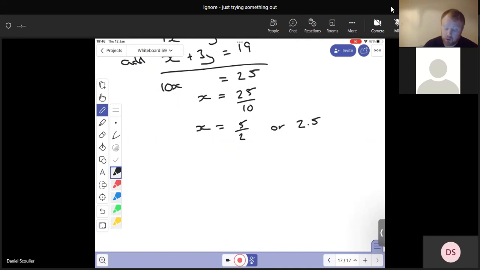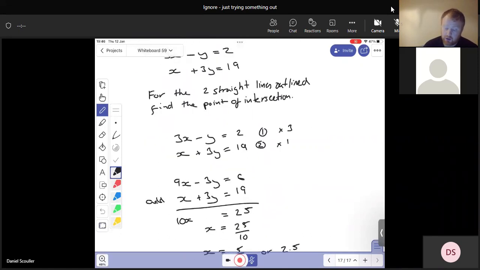We're going to substitute that in to one of our terms. So if I substitute that into, let's go 1, just to make life hard for ourselves, I've got 3 multiplied by 2.5, minus y equals 2. So it's gone into the original equation we had.